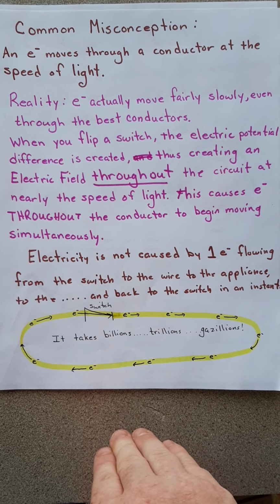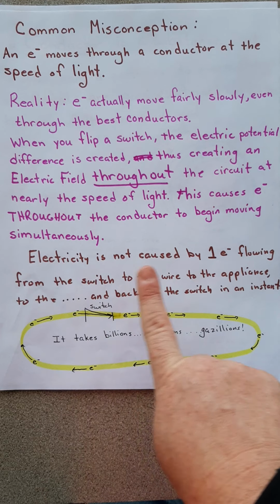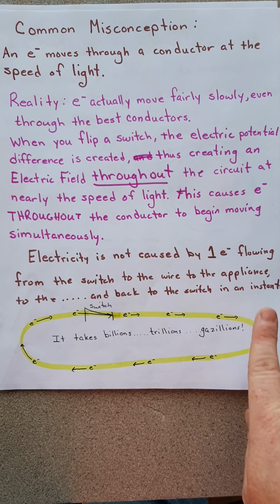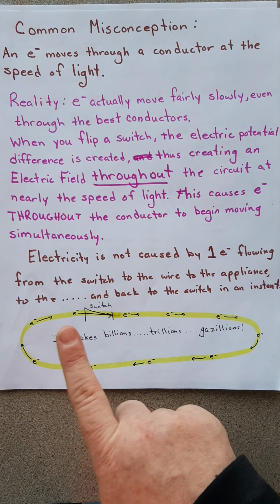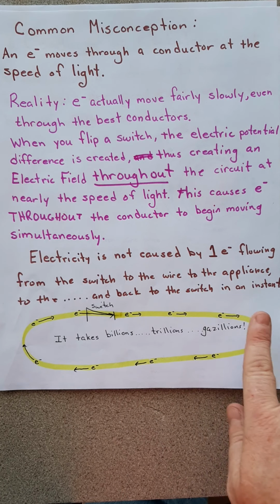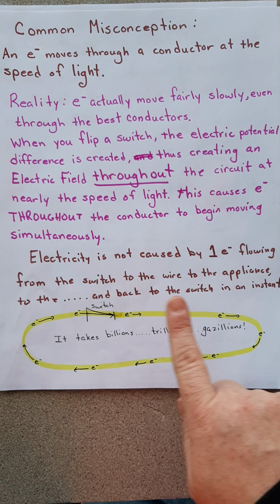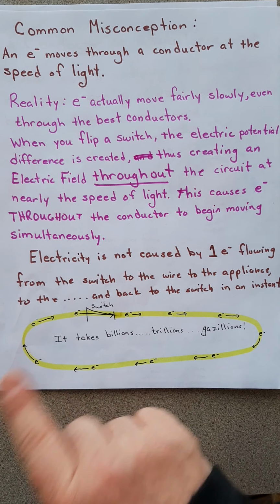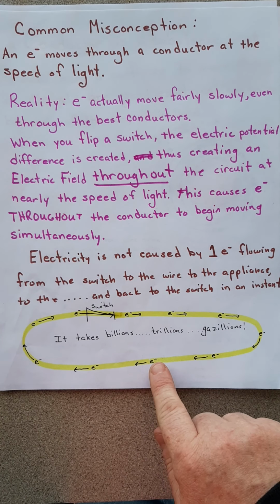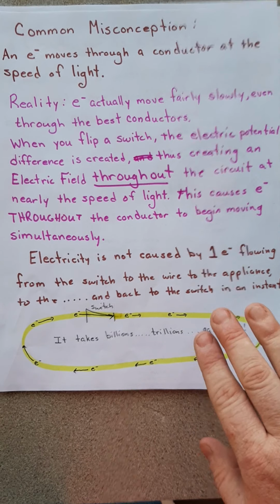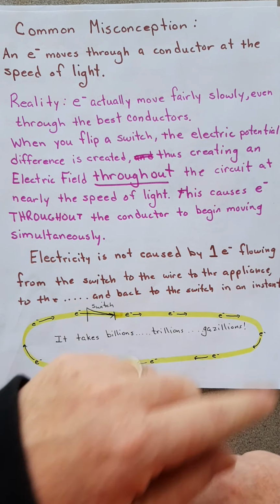So electricity is not caused by one electron flowing from the switch through the appliance and back to the switch. It's caused because, throughout the circuit, once that potential difference is created, the electric field goes throughout at the same time, and electrons all throughout start moving at the same time.